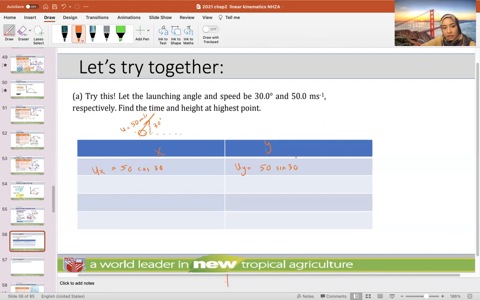And then Atira Najwa, can you tell me what is the acceleration in the x? Zero. Good. Aliman Zafran, what is my ay? Negative g, or minus 9.81.